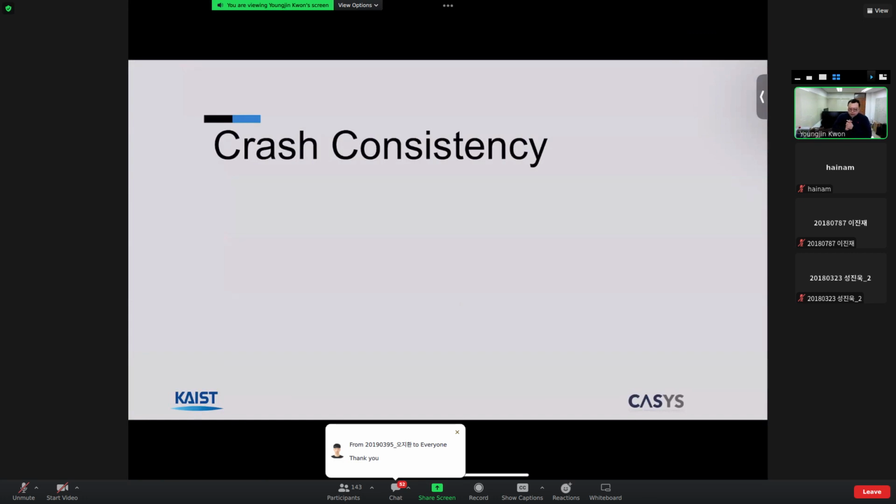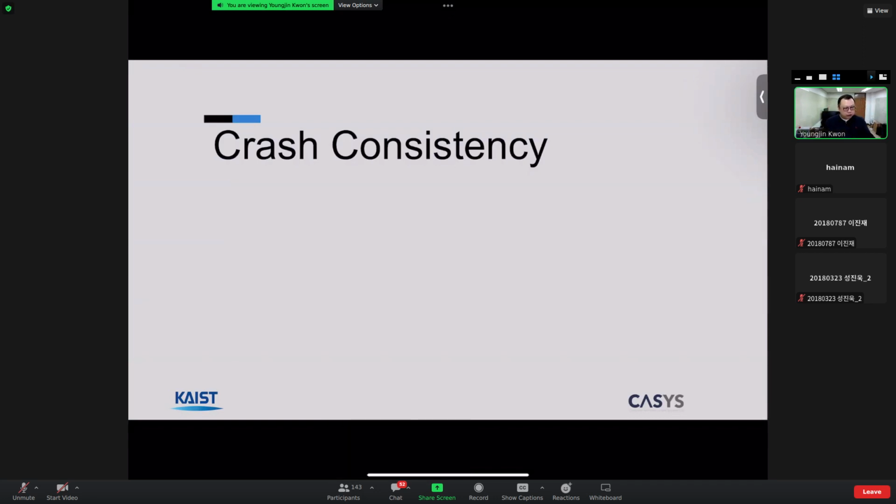Okay, so crash consistency. Crash consistency is a unique topic for file systems because in DRAM, data is volatile. After booting the system, you have to reload data into DRAM.